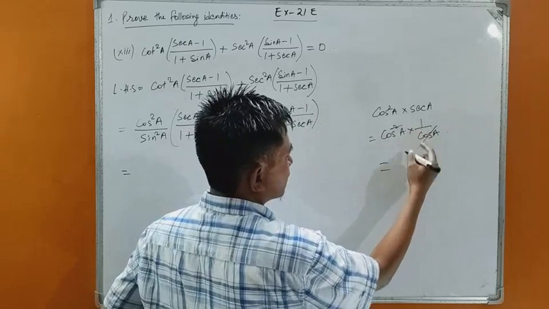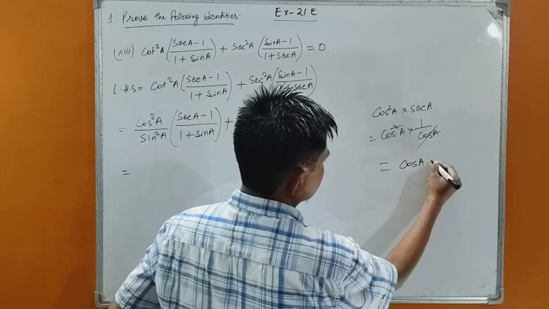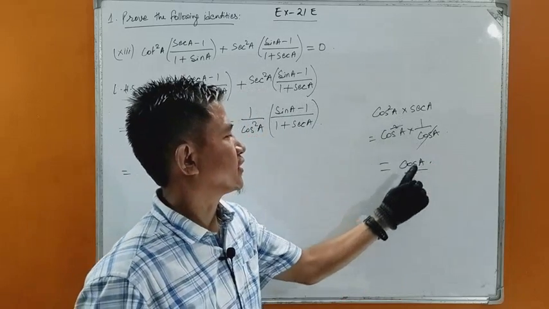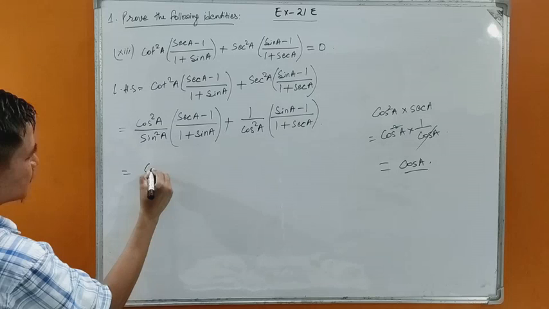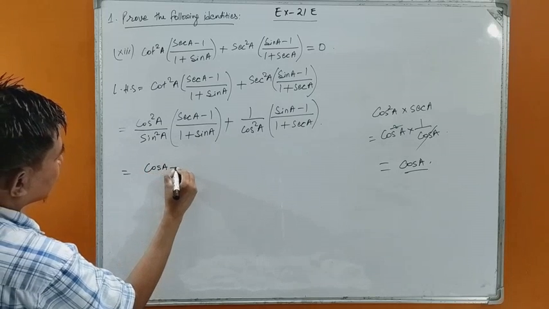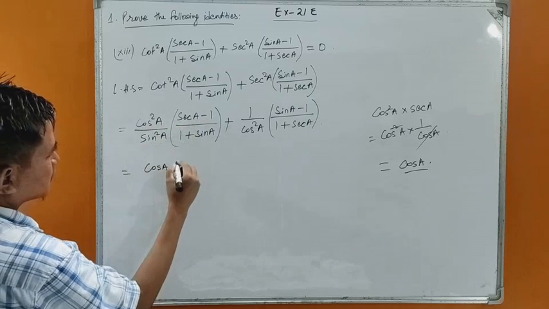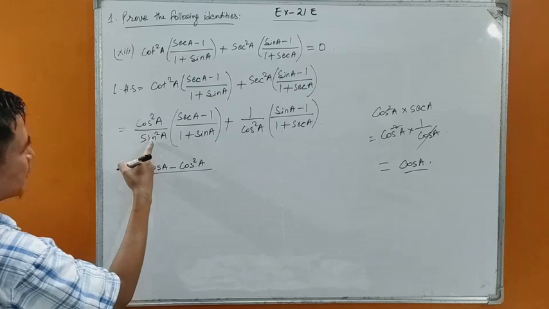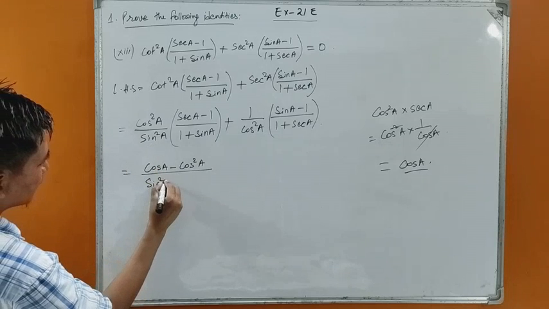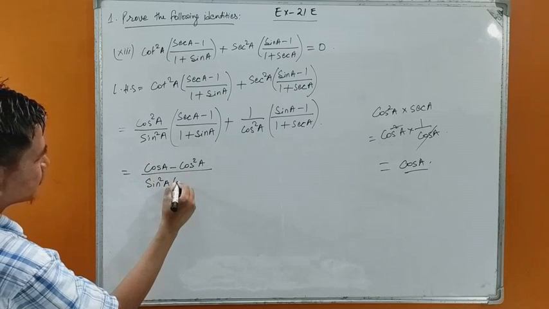So cos A into 1, cos A remains. So cos square A into sec A is cos A. This means cos square A into sec A is cos A, minus cos square A into 1 is cos square A. And in the denominator we have sin square A. We don't multiply, we just keep as it is.